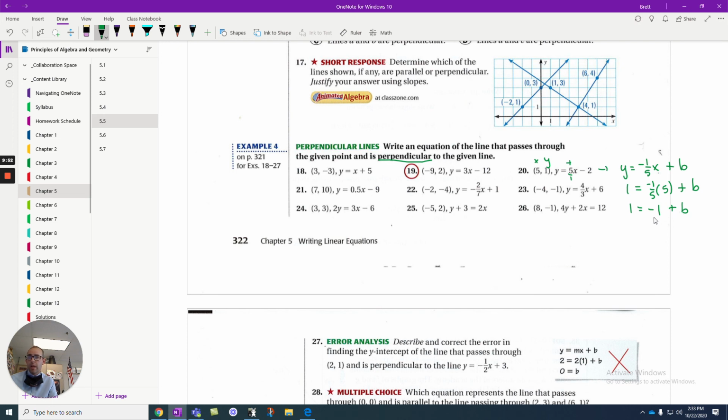To get b alone, I need to get rid of this -1, so I will add 1 to both sides to get 2 equals b. That means my answer for number 20 would be y equals, my slope that's perpendicular is negative 1/5 x, and since I have a positive 2 for b, I will add 2 to the problem.